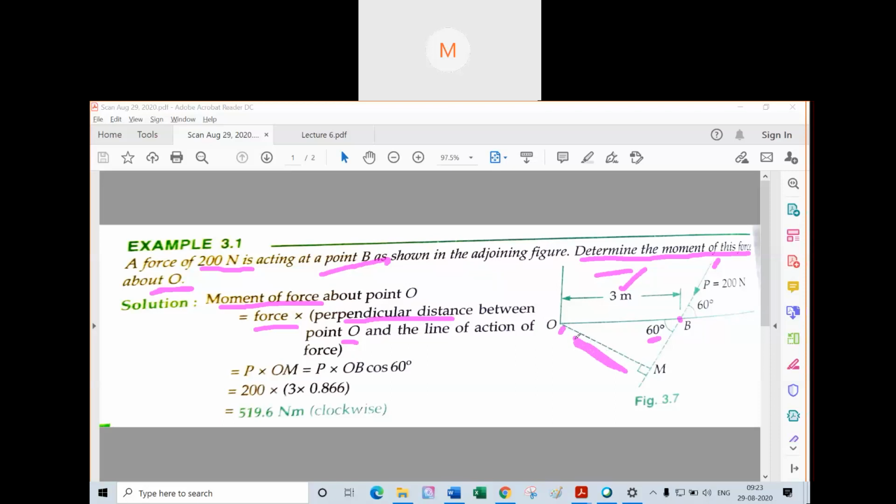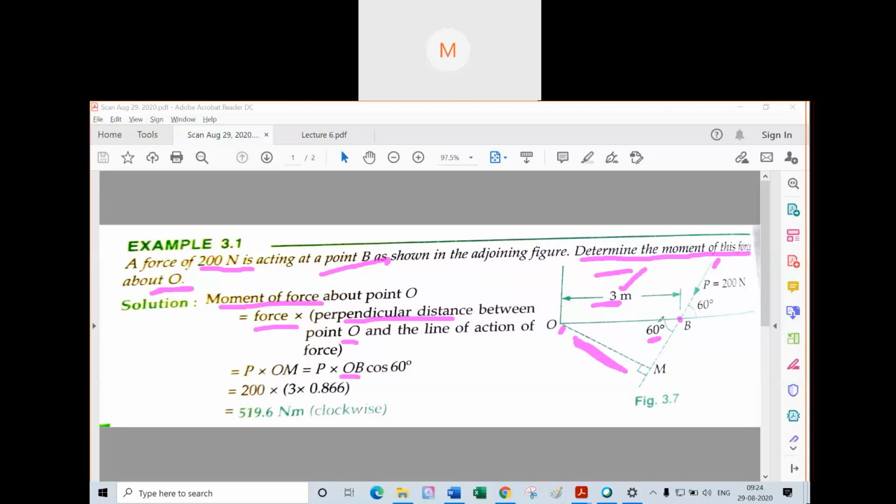That means we have to measure this perpendicular distance. How can you measure it? You know this one is 3, na? This is OB, so OB is this 3.